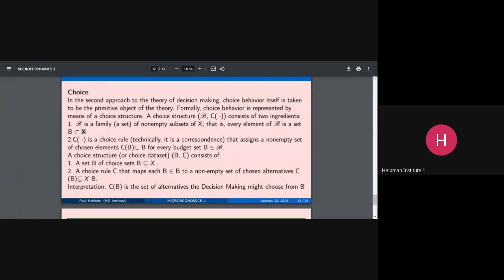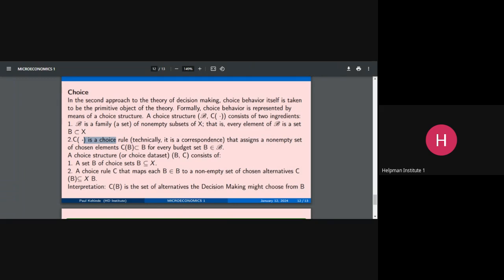This B is gotten from this X, so B is found inside X. That means every set we are picking comes from our preference set. So once we've made our preference, we have other sets that we want to make our assumptions with. That is what this B means. Also, we look at choice, the choice rule.